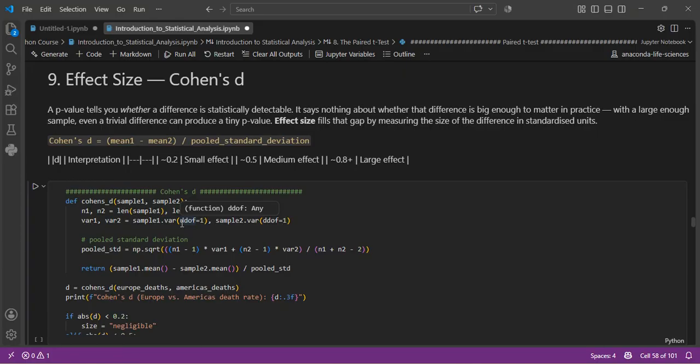So apparently, you realize that the p-value tells whether the difference is statistically detectable, I mean, is it statistically significant? However, it does not give us any knowledge of how significant it is.